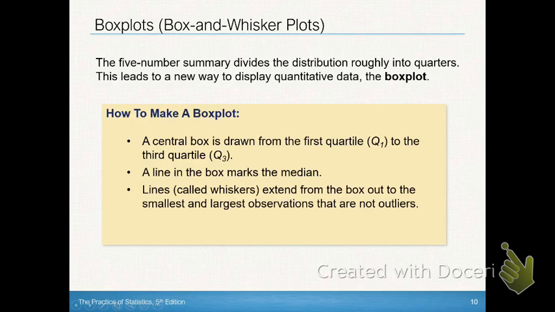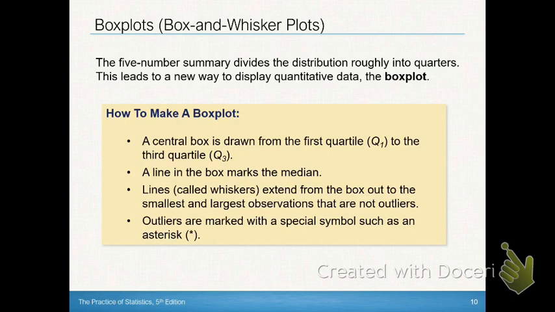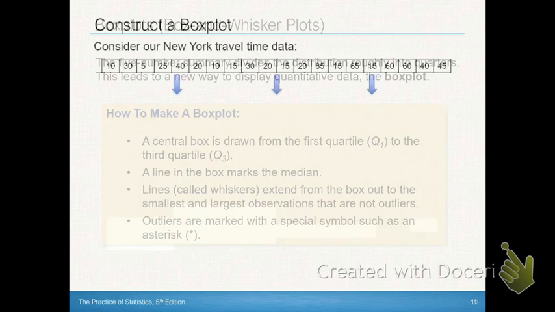Then we make our whiskers, two lines that extend out of the box, going to the minimum and the maximum. That's if there are no outliers. If there's an outlier, we put a little star or asterisk at the outlier, and our whisker just goes out to the next biggest or next smallest number that's not an outlier.